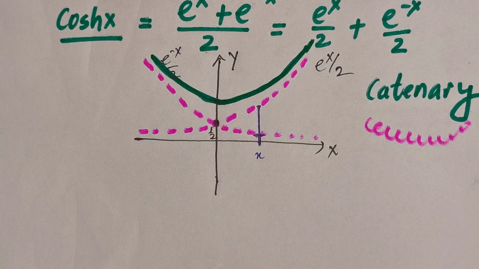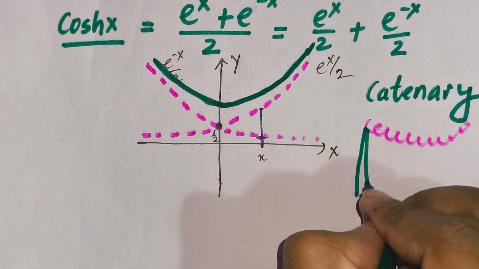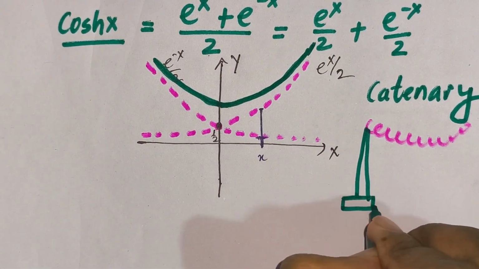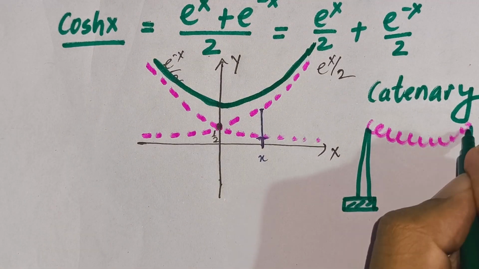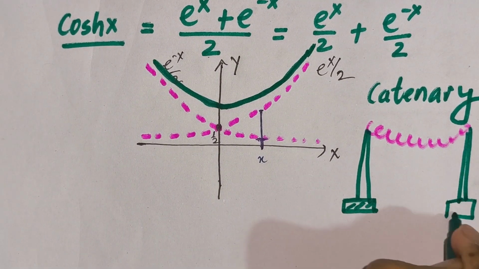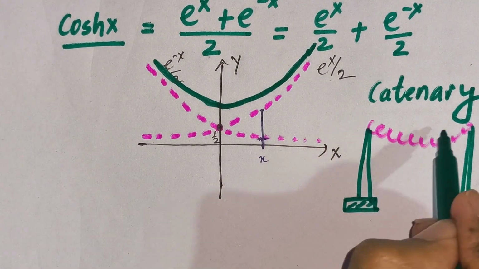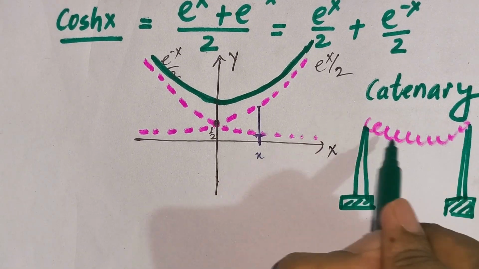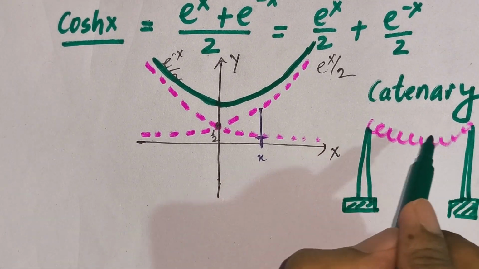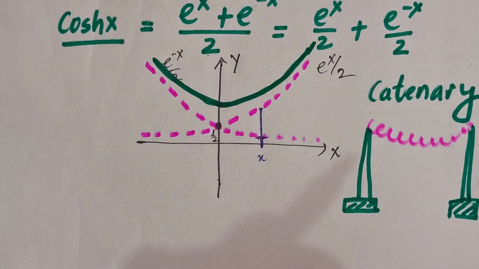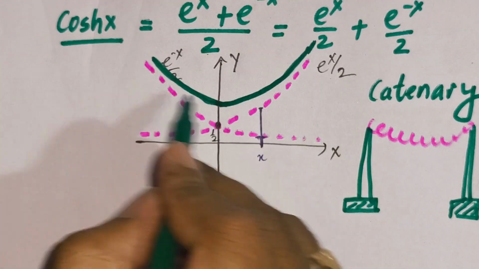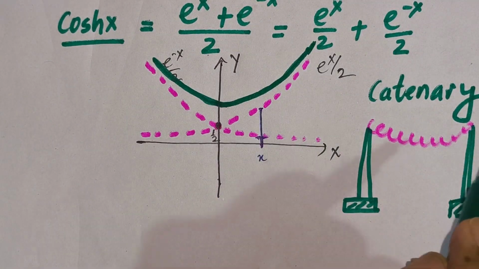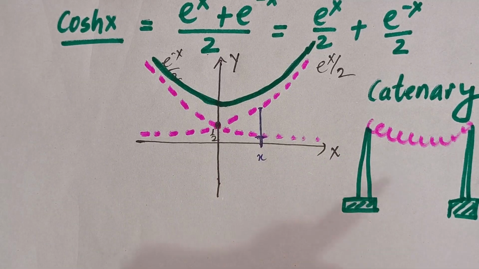When it is hanged at its ends, the structure it gets, we say that catenary. This structure is catenary. This is not a parabola, this is catenary. The hyperbolic cosine takes the shape of this catenary.